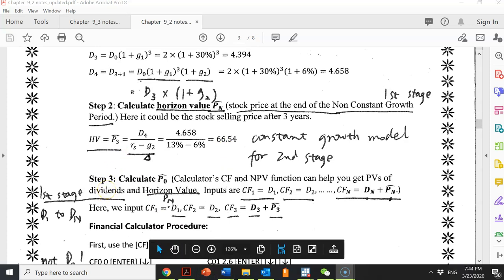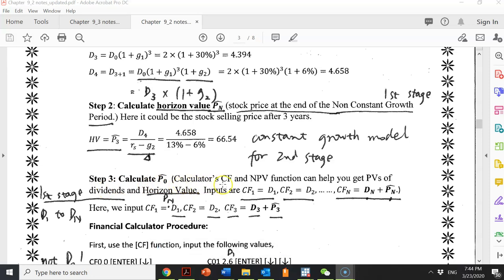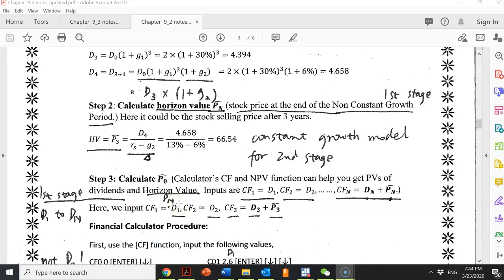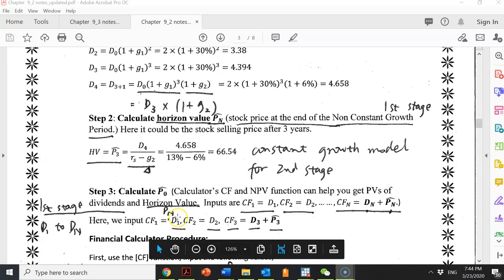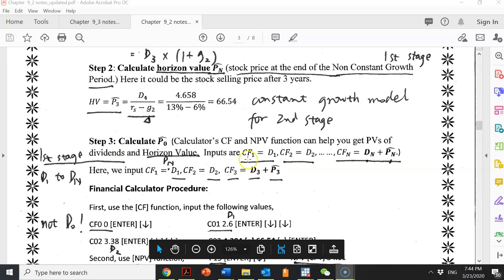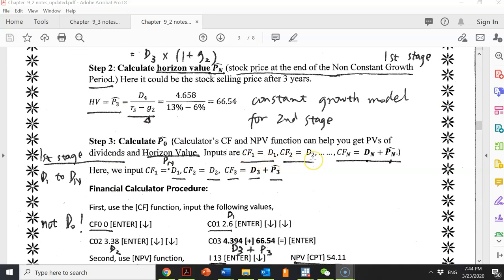Step 3, calculate P0. The calculator's cash flow and NPV function can help us get the present value of all the dividends in the first stage from D1 to Dn, and the horizon value Pn. So our last step is to discount all the dividends in the first stage, which are D1, D2, D3 in our case, and horizon value P3. We input cash flow 1 as D1, cash flow 2 as D2, and cash flow n as Dn plus Pn.